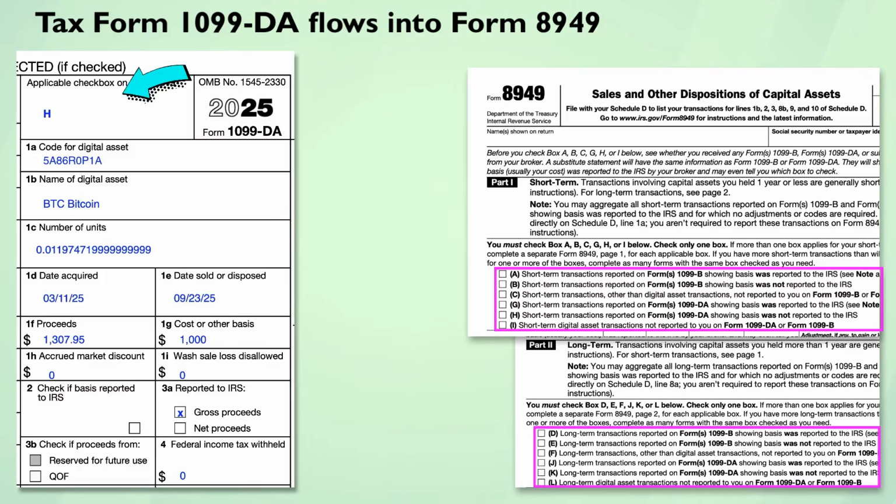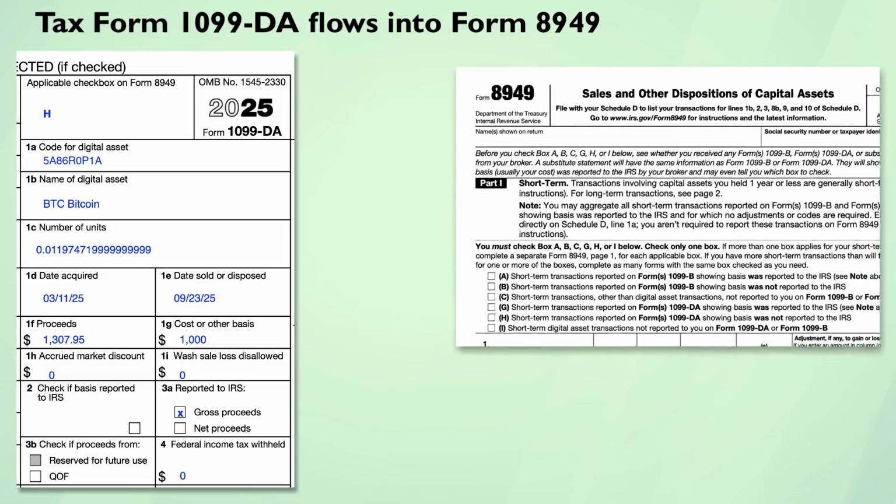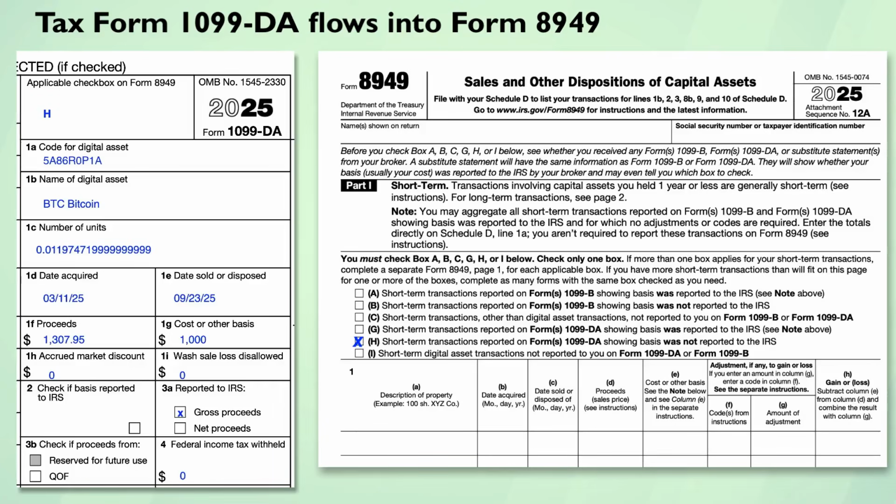The letter code on the 1099-DA here tells you which section of Form 8949 needs to be checked. In this example, Code H refers to a short-term transaction reported on Form 1099-DA where the cost basis was not reported to the IRS, even if it is provided on your form.